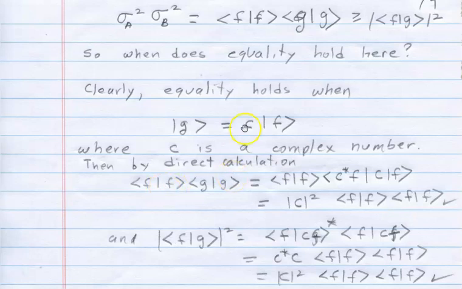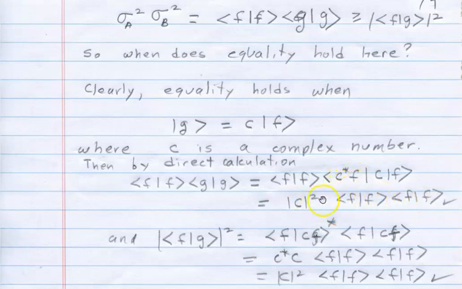So I want to calculate this side over here: F inner product with itself, G inner product with itself, and then use this assumption, G equals CF. If you look at that, it becomes F F, C F, and C star F when it comes over here.